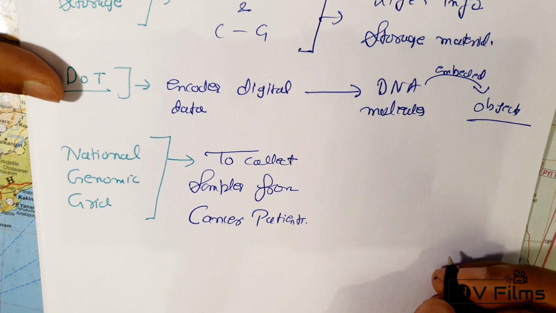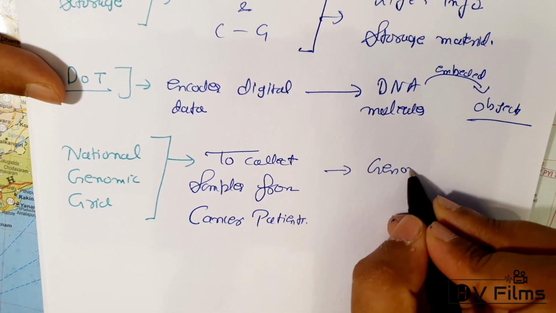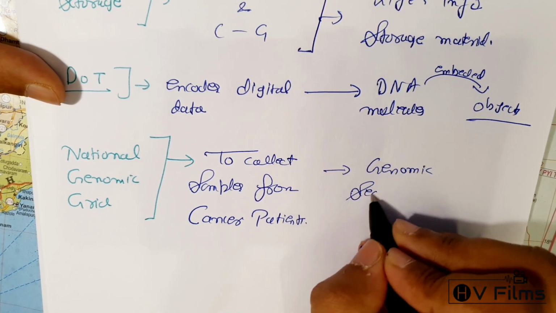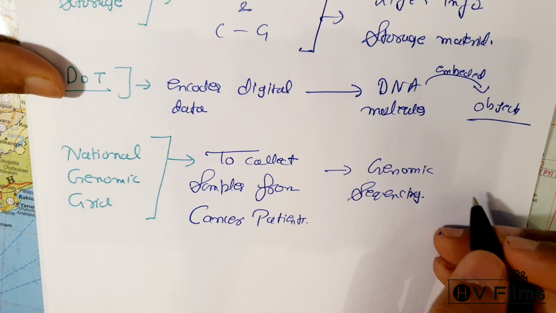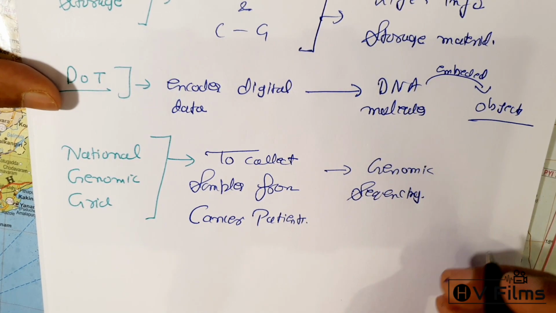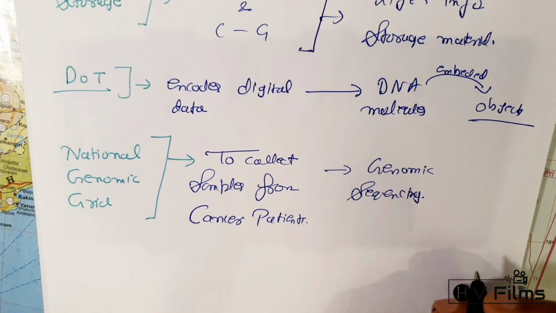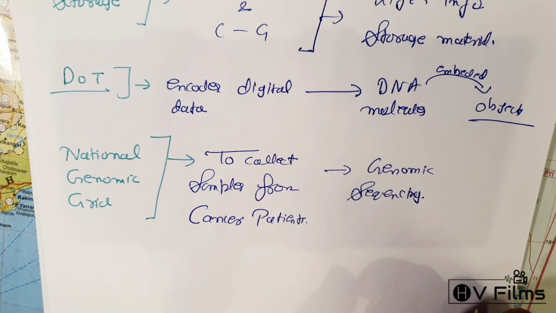This research is carried out through the technique we call genomic sequencing, as we have discussed earlier. The NGG, the National Genomic Grid, will help to study the genomic factors which influence cancer and identify the right treatment for the same, especially for the Indian population.